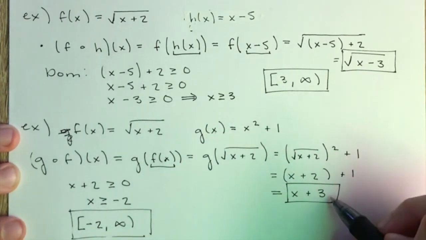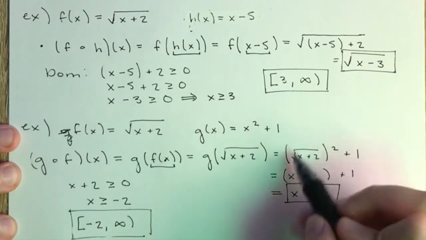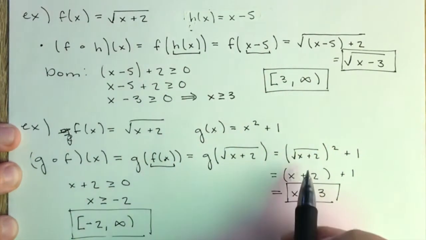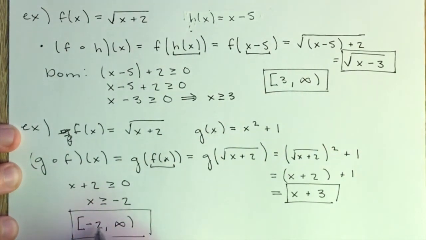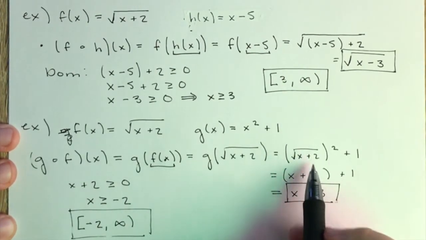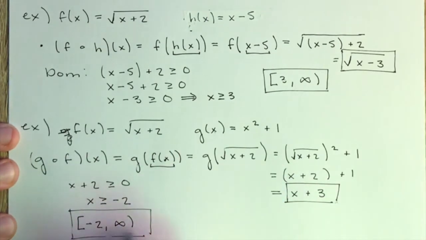So technically, this function simplifies to x + 3, but because we got it by doing all of this craziness, we still can't have anything less than -2. So even though this turned out to be a very simple function, it actually has some weird stuff going on underneath. So we need to make sure our domain reflects that.